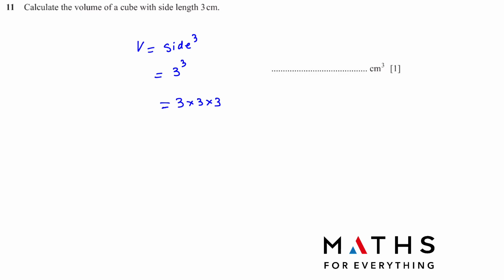We can multiply and get the answer. It will be much easier if you memorize the few cube numbers, like 1 cube is 1, 2 cube is 8, 3 cube is 27, 4 cube is 64, and the square numbers. It is much easier to do so.